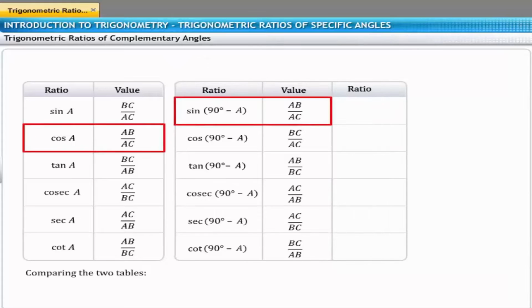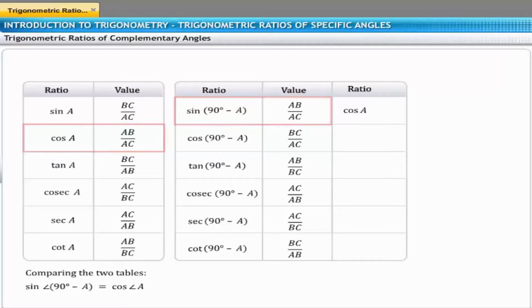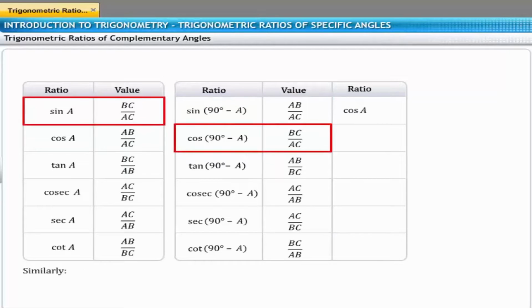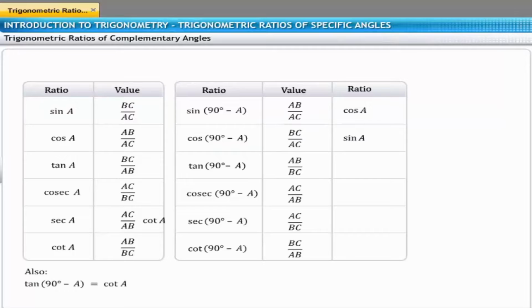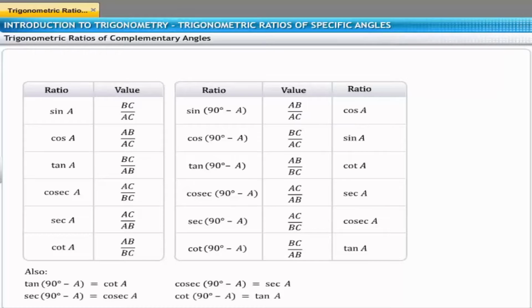Comparing the two tables, we see that the value of sin(90 minus A), that is, AB upon AC, is also equal to cos A. Similarly, we see that the value of cos(90 minus A), that is BC upon AC, is also equal to sin A. Similarly, we can find relationships between the other trigonometric ratios of angle A and its complementary angle.